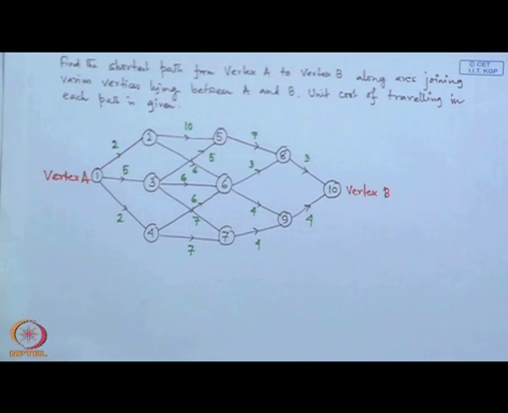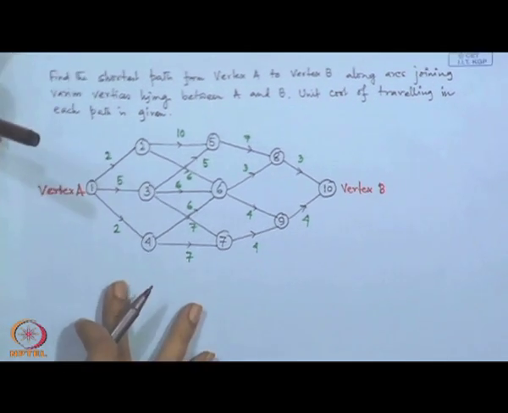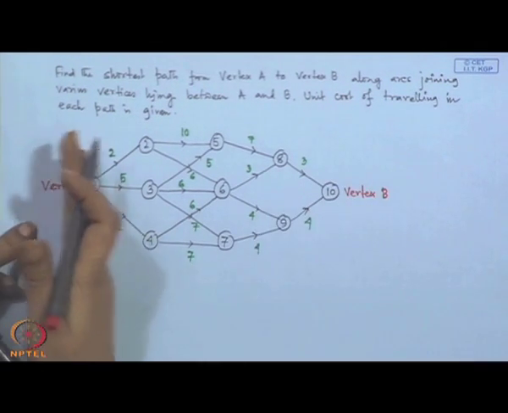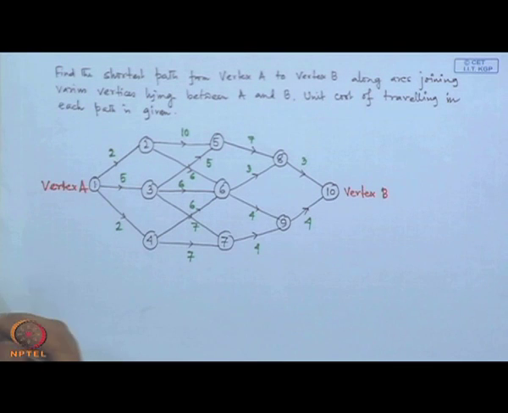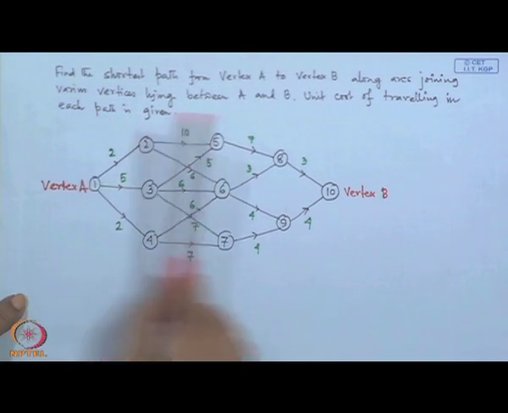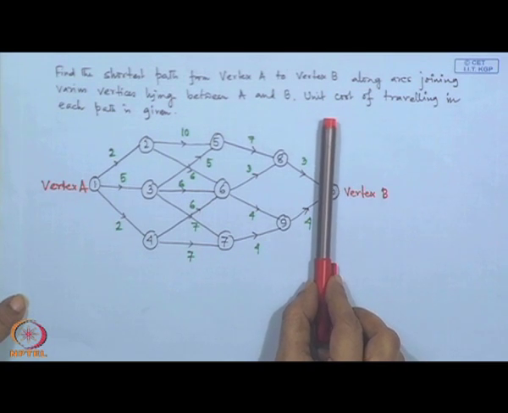For approaching this problem, first of all we have to divide the whole problem into different parts. That is why we have to divide the problem into different stages. We can go forward, we can come backward as well. We can start our journey from vertex A, we can start our journey from vertex B as well.